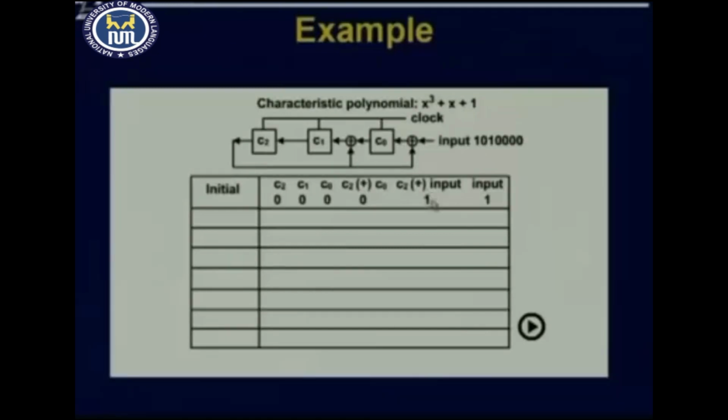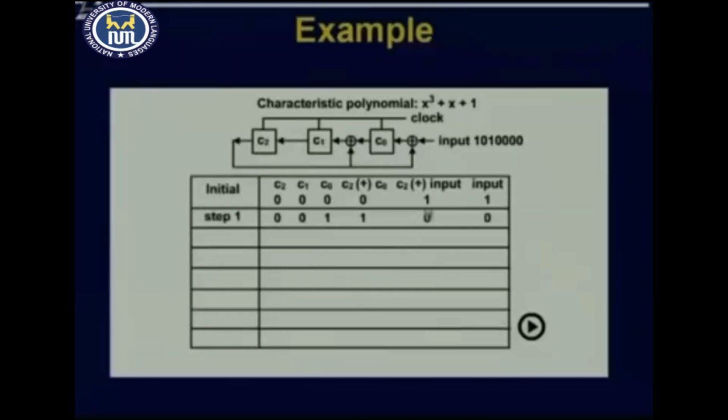So the input will first come to the first exclusive OR, which is then moved on to C0, and then there's another 0 there, and then the exclusive OR will be done and the output will be moved on to C1. Since these outputs are directly connected, the C1 output is connected with C2. So we will see how this actually moves on. So just do the exclusive OR and see the process.